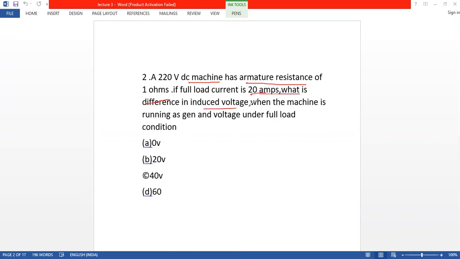What is the difference of induced voltage when the machine is running as a generator and when it is running as a motor under full load condition? Here the data is given, it is a series generator. Okay, we just write this part. Now how to solve? Let us move ahead and see.